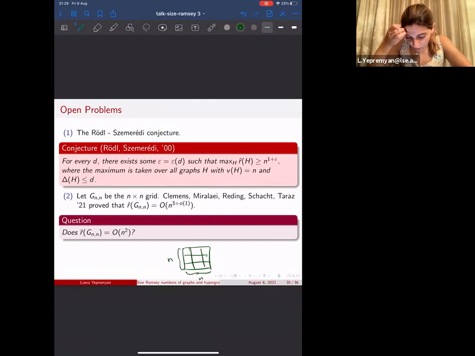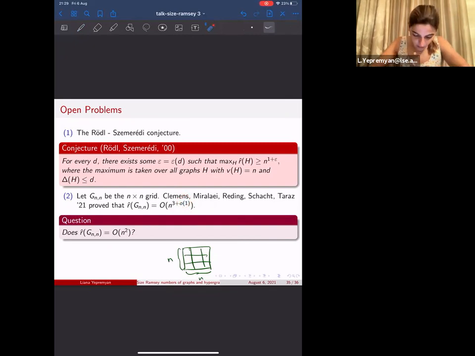Clemens, Miralaei, Reding, Schacht, and Taraz proved that its size Ramsey number is n to the cube plus a little o of 1. And here the host graph is the random graph as well. And using random graphs, you cannot go lower than this. I mean, you can improve this little o(1) maybe, but not lower than that.